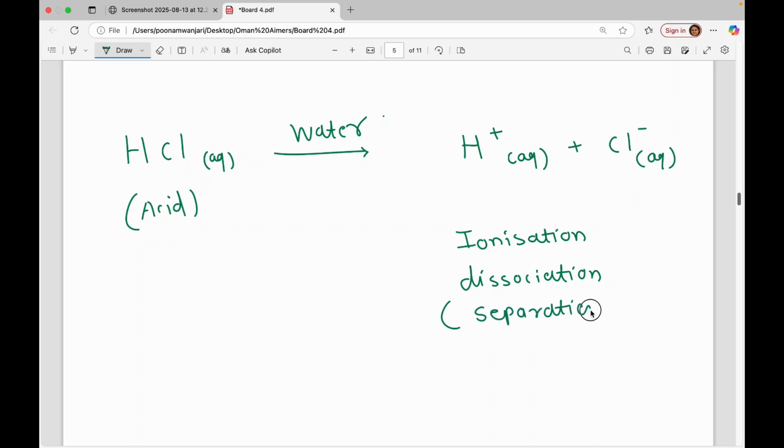When there is a complete separation of acid or base into its ions, that time we call it a strong acid. This acid is strong acid because it is completely ionizing, completely separating into its own ions.